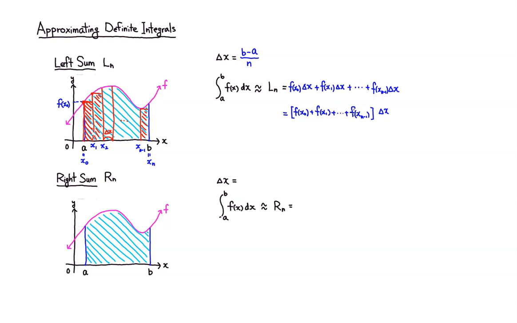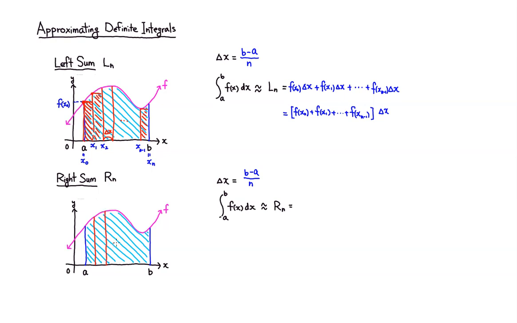So similarly, we can define right sum. So delta x is exactly the same as before, it's b minus a over n. So let's look at the right sum. We're going to again chop that into n equal pieces. So skinny pieces here.